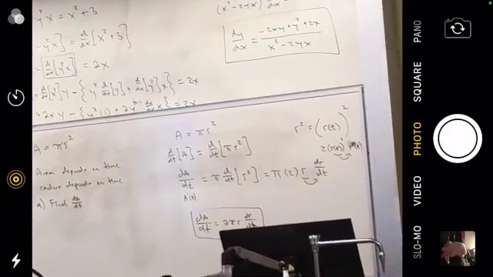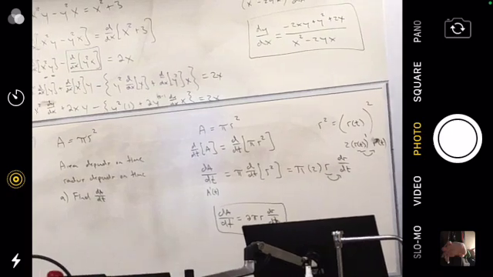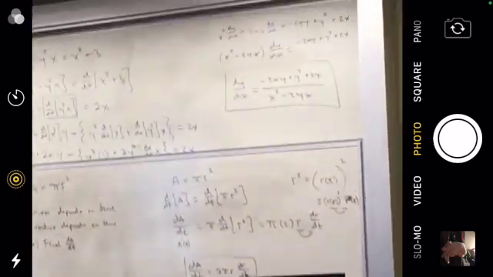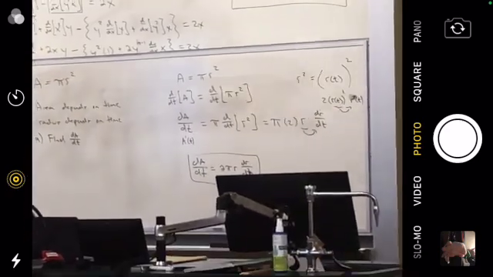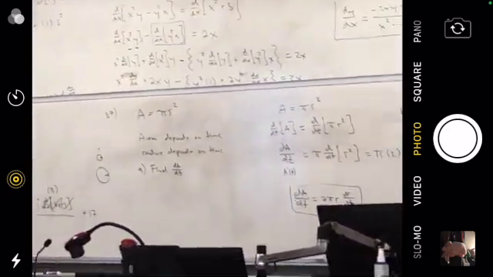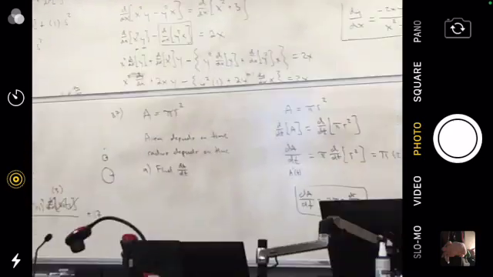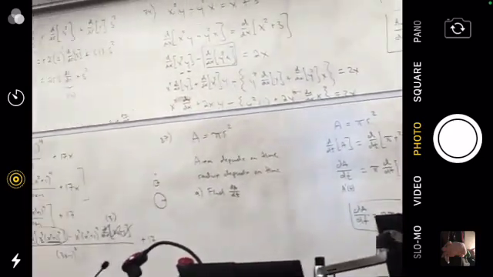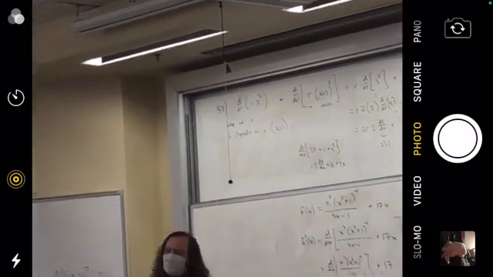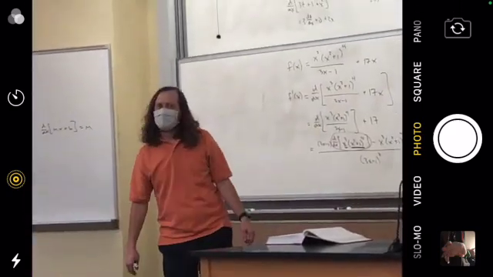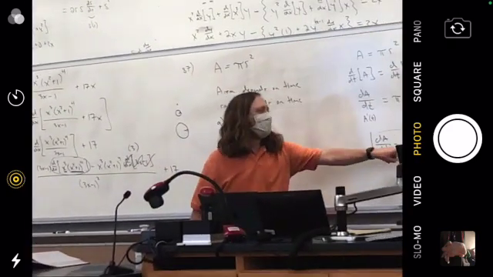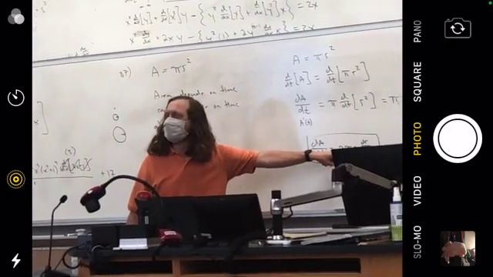So what's the takeaway here? If I know how fast the radius is changing, I can measure that, right? You see your radius getting bigger, you could measure it with a stopwatch, I guess, see how fast the radius is increasing or decreasing, see how fast it's changing. If I know how fast the radius is changing, what does that mean for the area? It's changing at the same value times 2 pi r.